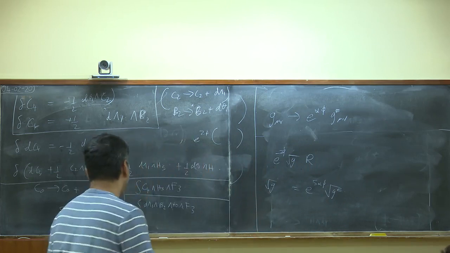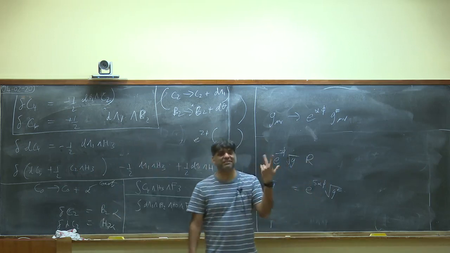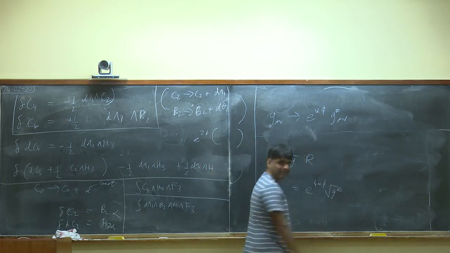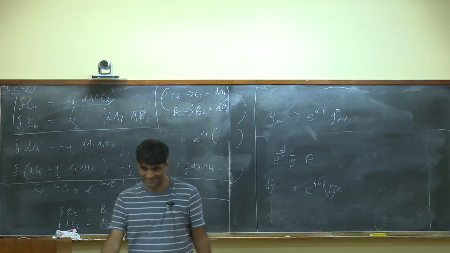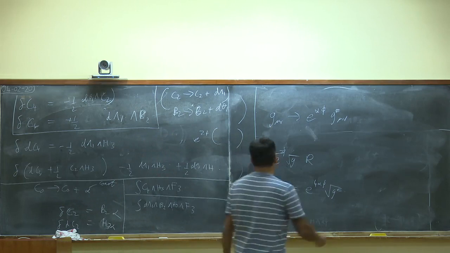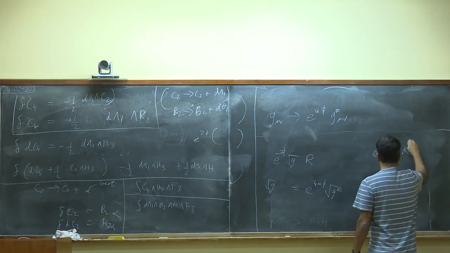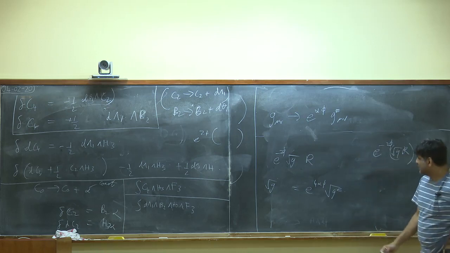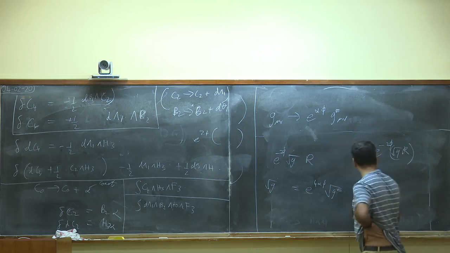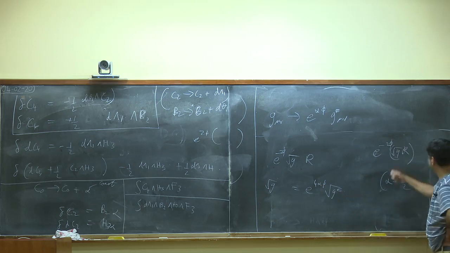Yes. Now, R, as we've said many times, scales like G inverse. So this scales like 4 alpha phi. Now, what we had was e to the power minus 2 phi square root G R. So if we choose alpha to be equal to half, we'll get e to the power 2 phi, which will cancel this e to the power minus 2 phi.